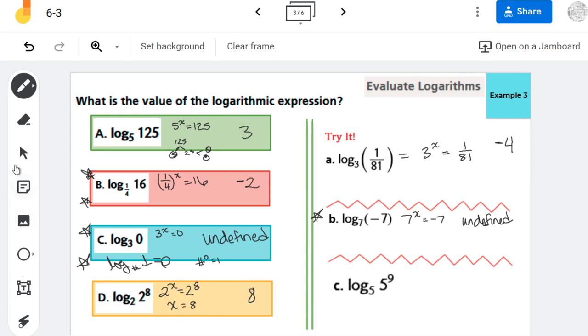So whenever you have a logarithm and it has a number with an exponent in there, if this said log base 2 of 2 and didn't have an 8 in here, this would just be 1. But what ends up happening is the log base 2 and this cancel out, leaving you with just the exponent. So in this case, log base 5 of 5 to the 9th, you can just right away call it 9.